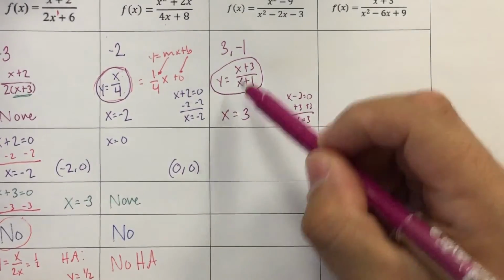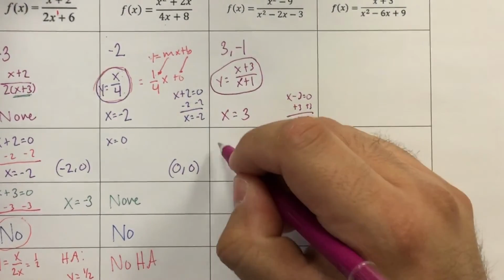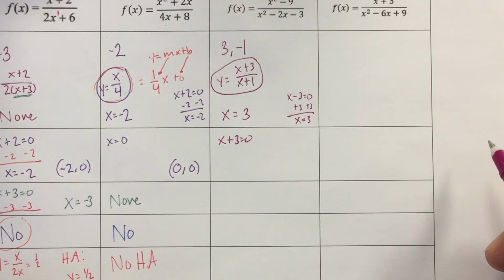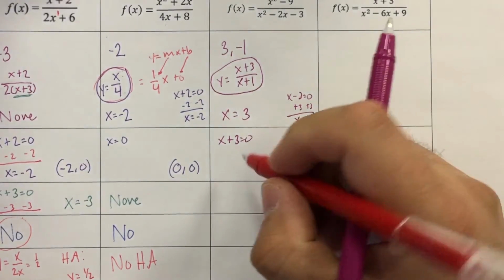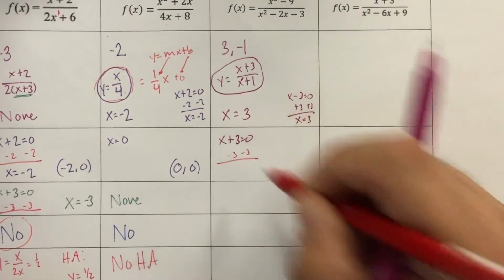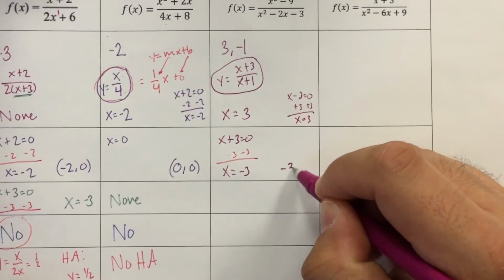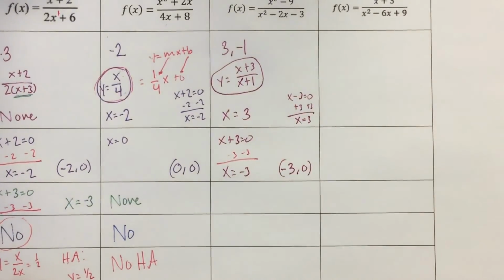So we're gonna take our top, x plus 3. We're gonna set that equal to 0. X plus 3 equals 0. How do I solve this? Subtract 3. And what does x equal? X equals -3. So my root, -3, comma 0. There's my x-intercept, -3, comma 0.